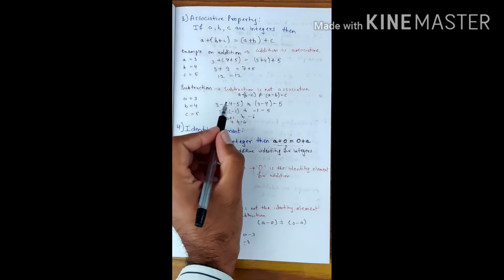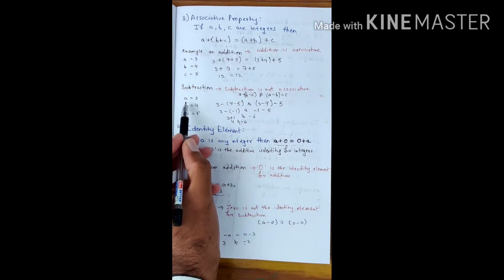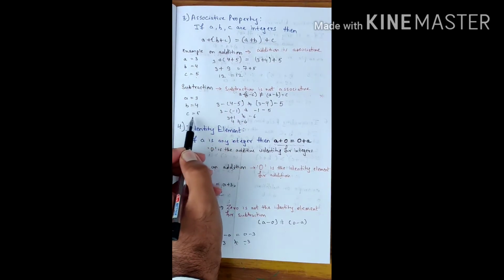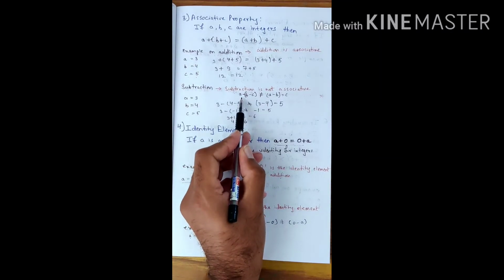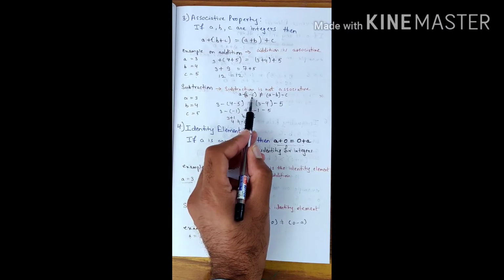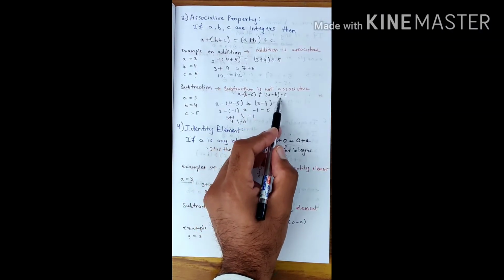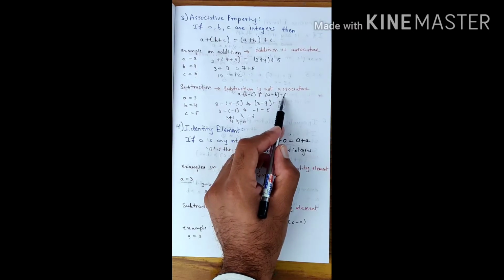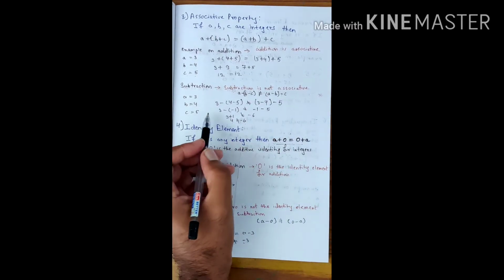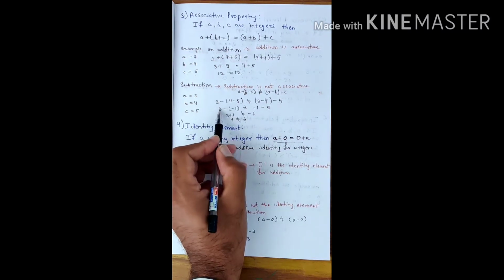Now let us see subtraction in associative property. If I take integers a as 3, b as 4 and c as 5, here we will again apply this rule, that is a minus in bracket b minus c, and let us see if it is not equal to a minus b, and again outside the bracket minus c. So we'll put in the values and solve this.